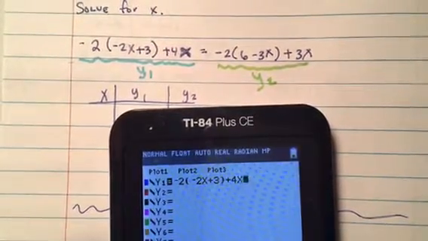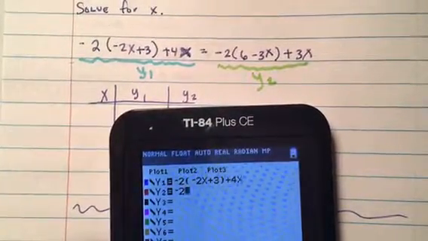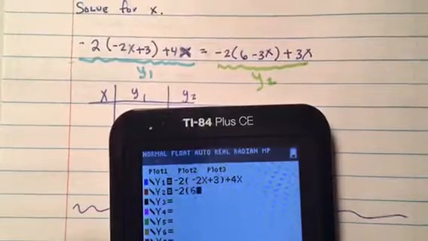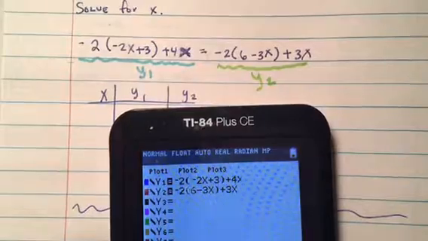All of that should be in y1, and in y2 I'm going to type in -2 times 6 minus 3x plus 3x.